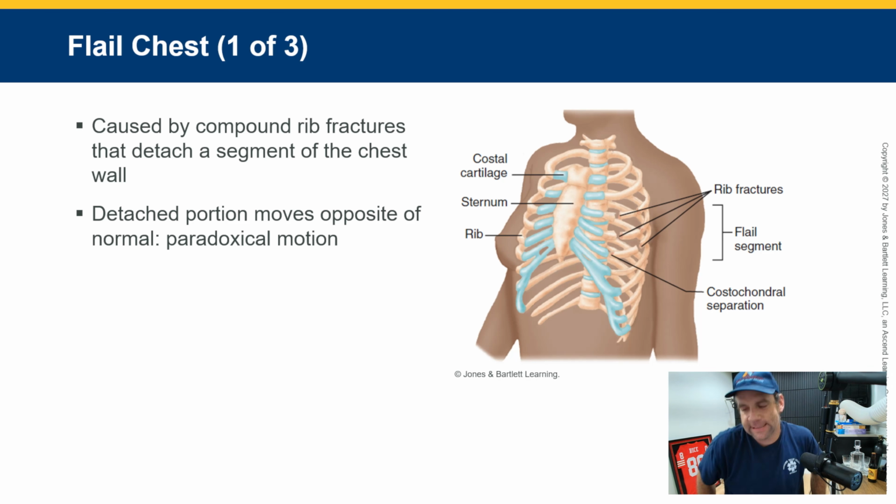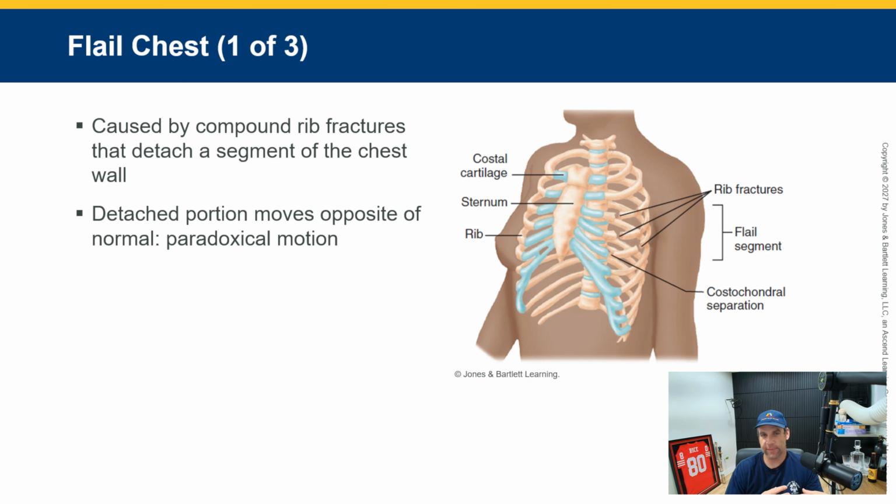It's a similar pattern that could involve the sternum and separation of the costochondral joints and junctions. But what's really happening is that during inhalation, negative pressure would normally pull the entire chest wall outward as the lung expands, right?